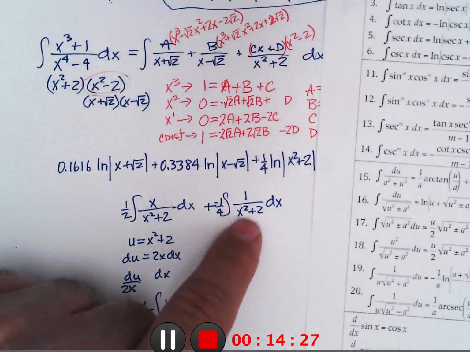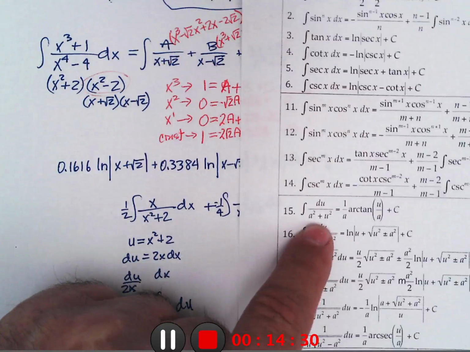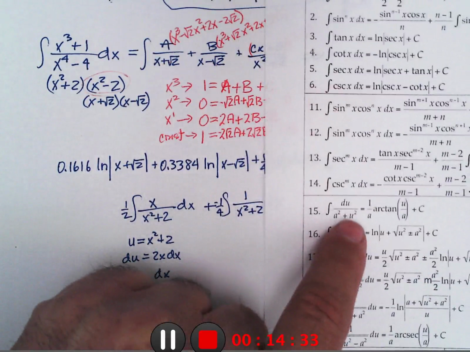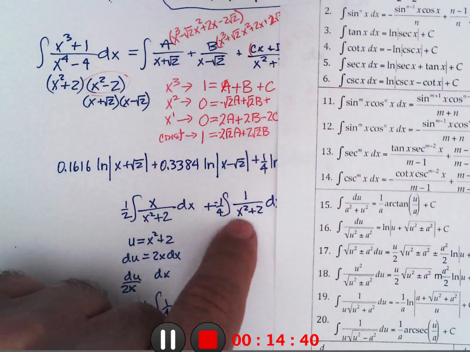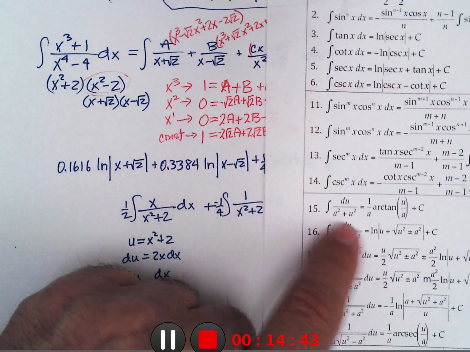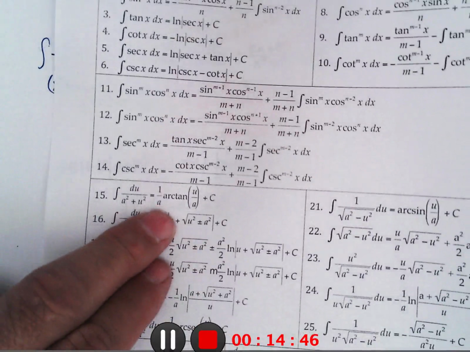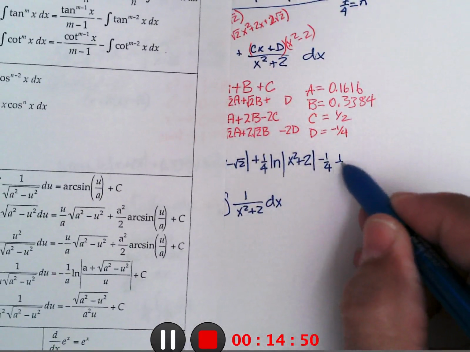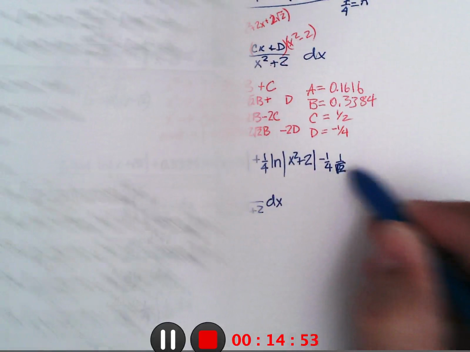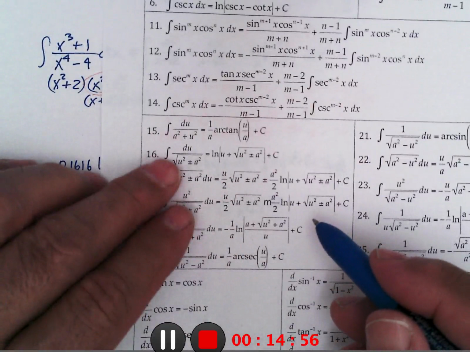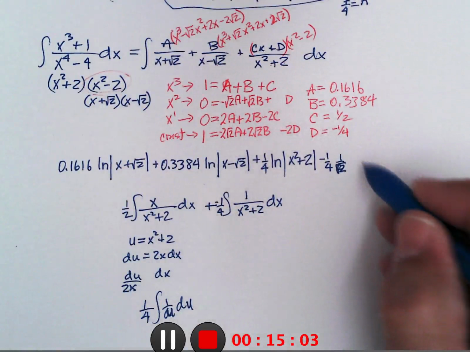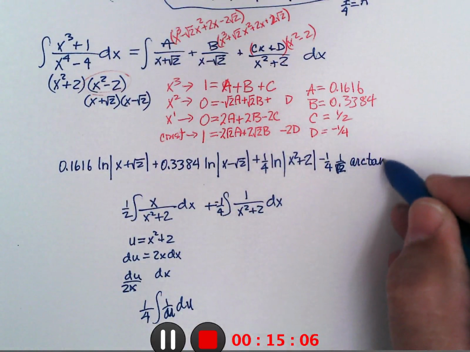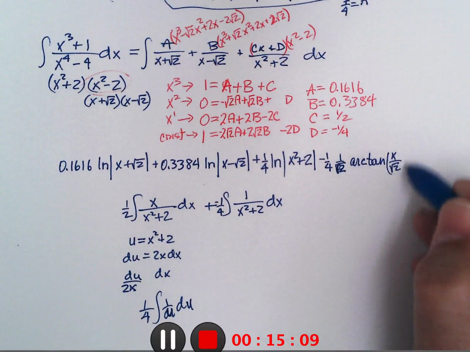And this looks a lot like that, where x squared is the u squared, the a squared would be the square root of 2 squared, so a is the square root of 2, and u is x, so I'm going to use this formula, and I'm going to get 1 over square root of 2 arctangent of x over the square root of 2 plus c.